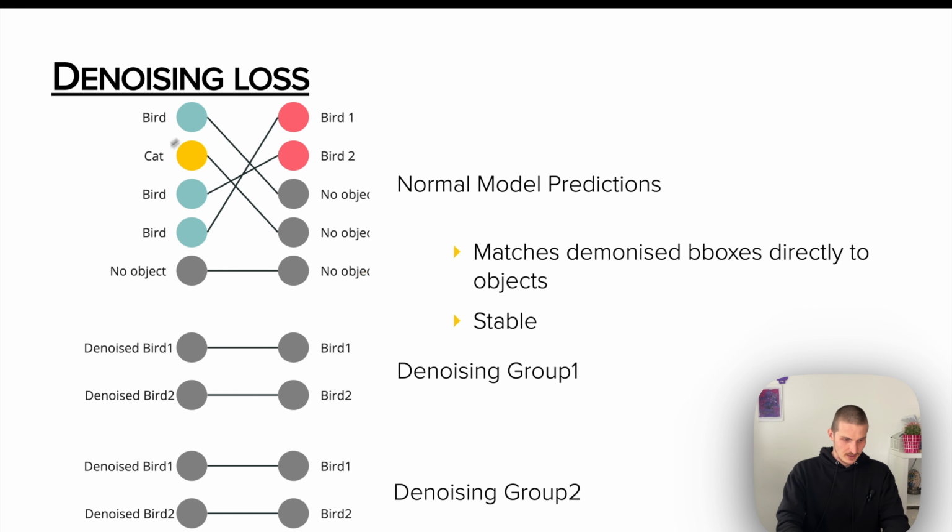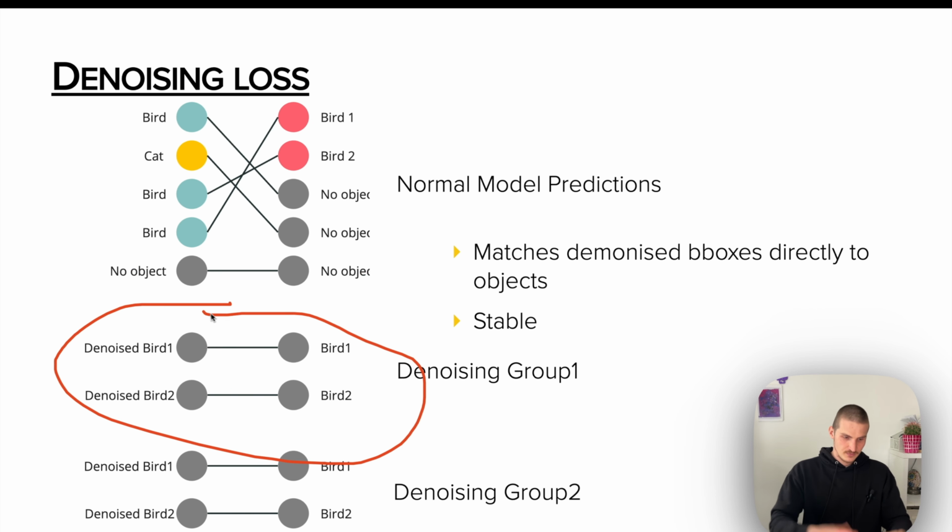matching loss. And then for the denoising, we have several groups where we just know exactly what we'll expect on the image, and then we solve the problem of denoising. So we have a bird that we have to predict, we add some noise to it, we pass that as an input, and we ask the model to remove the noise and restore the original bounding boxes.